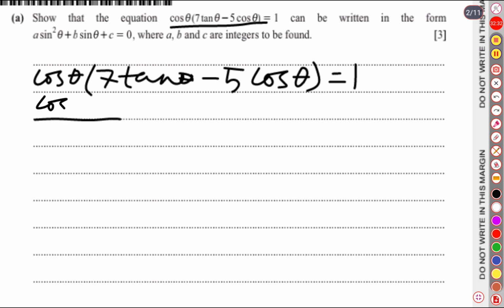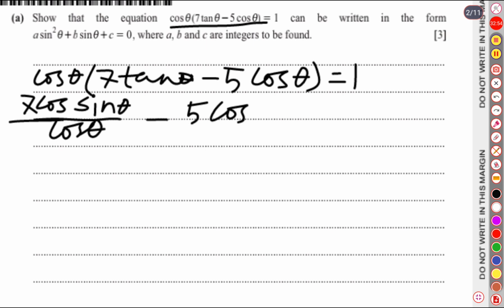Then we multiply by cos theta, and 7 can be written first. You know tan theta means sine over cos, so we can write sine over cos theta, minus, if cos theta is multiplied by 5, it is going to be 5 cos square theta.